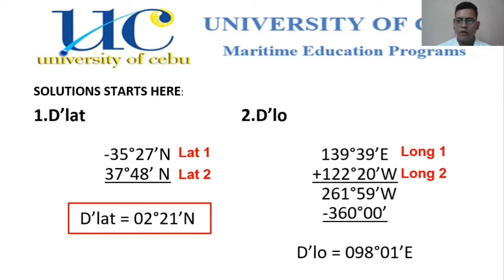Then we're going to have the total of 098 degrees 01 minutes east. It is named east because according to the rules, you should name the final longitude opposite to the longitude 2. So our final difference of longitude would be 098 degrees 01 minutes east.